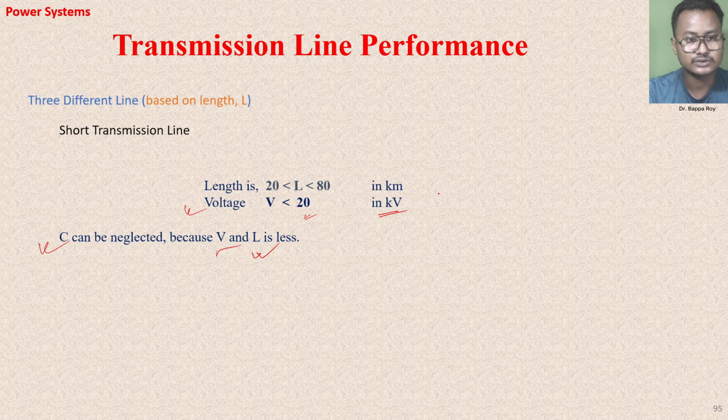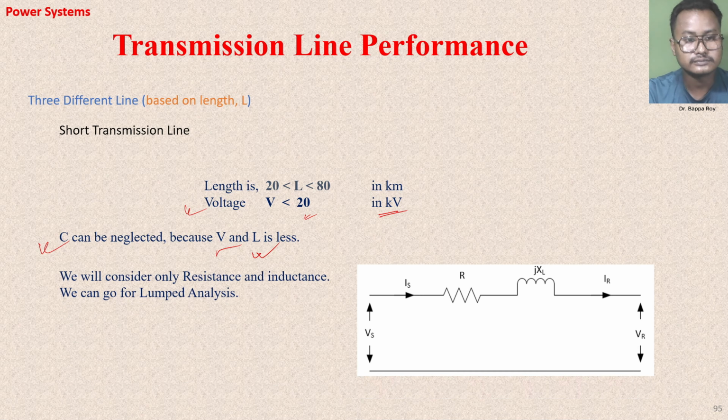So in the analysis we can neglect the capacitance value. We'll consider only resistance and inductance, and we can go for lumped analysis for this short transmission line.